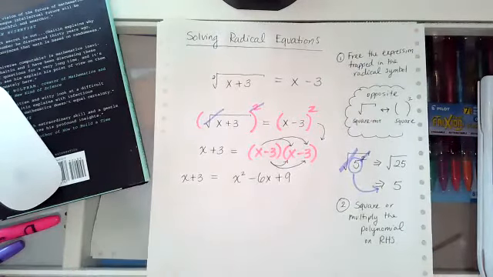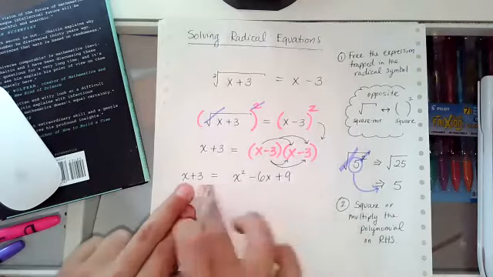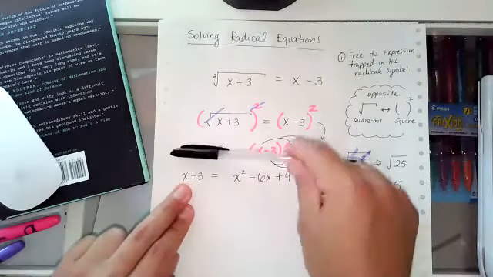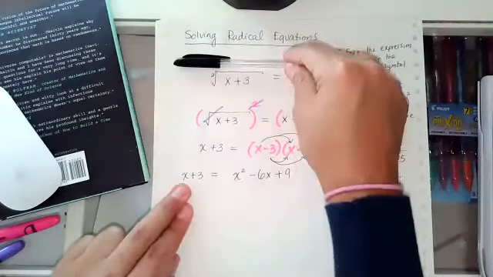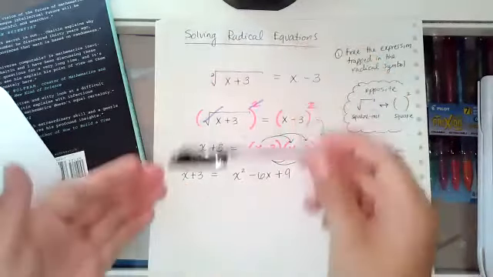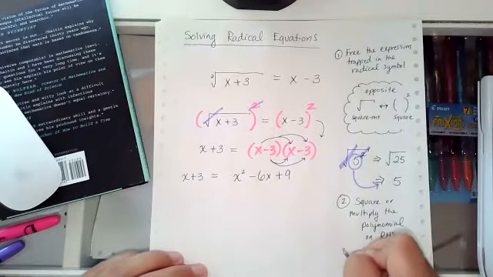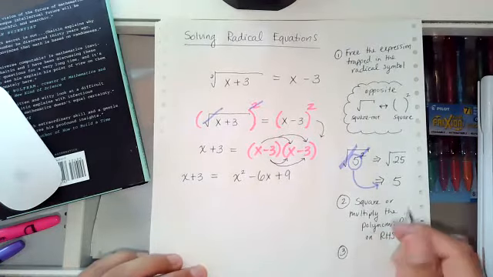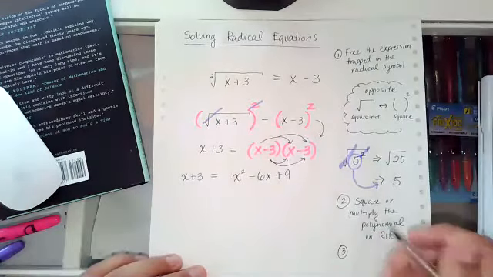Okay, so now it looks like we have a quadratic equation, right? I'm sort of ignoring everything up here now. Once you go to the next line, don't look back. If you look back, you're probably going to confuse yourself. So if this looks like a quadratic equation, we need to get it in standard form, and then solve the quadratic the way we know how.